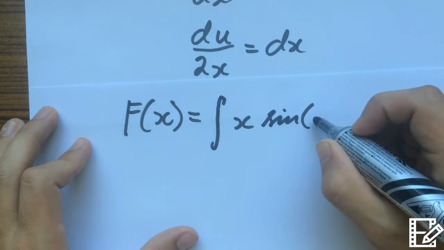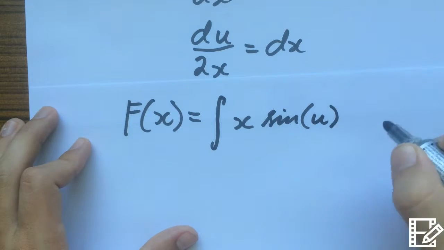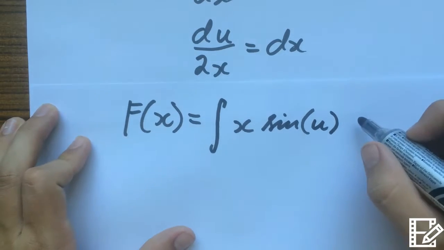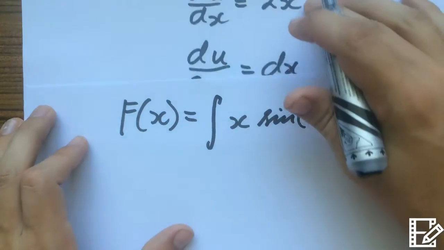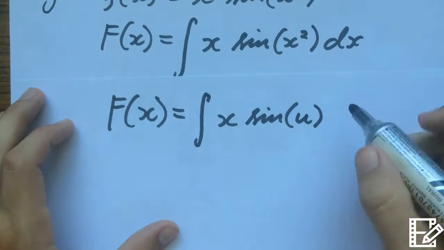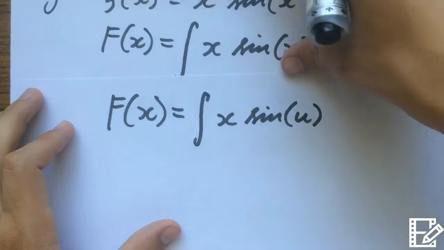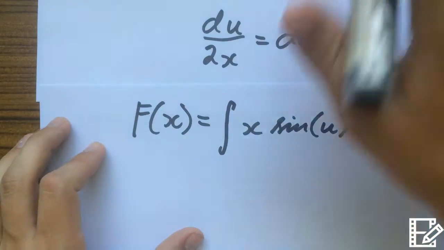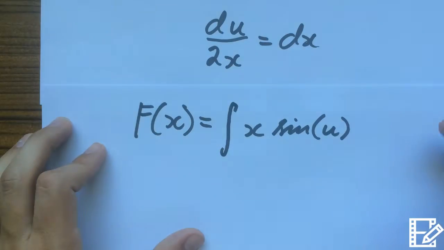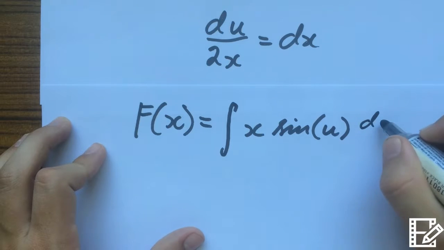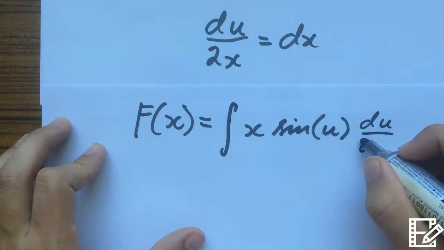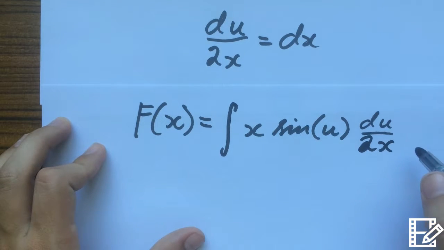Because an x squared belongs here, a u now belongs here. And there was a dx up here, but now we know that dx also equals du over 2x. So we're going to sub in du over 2x.